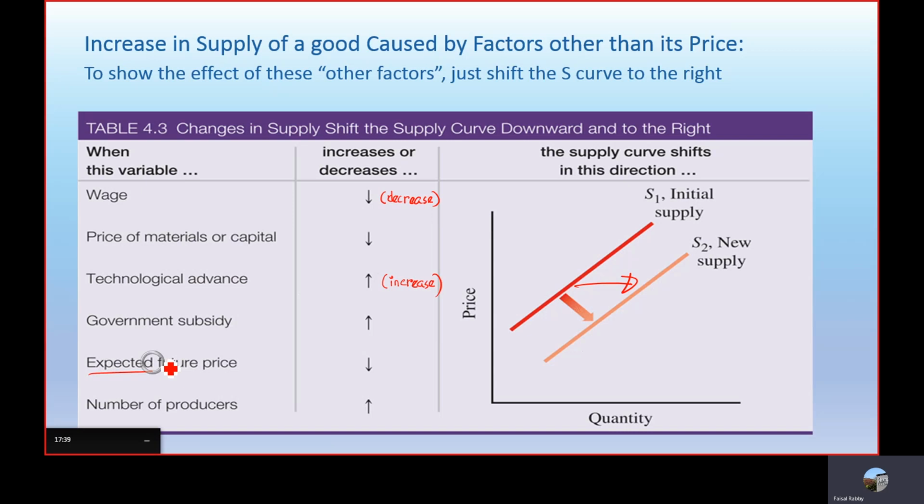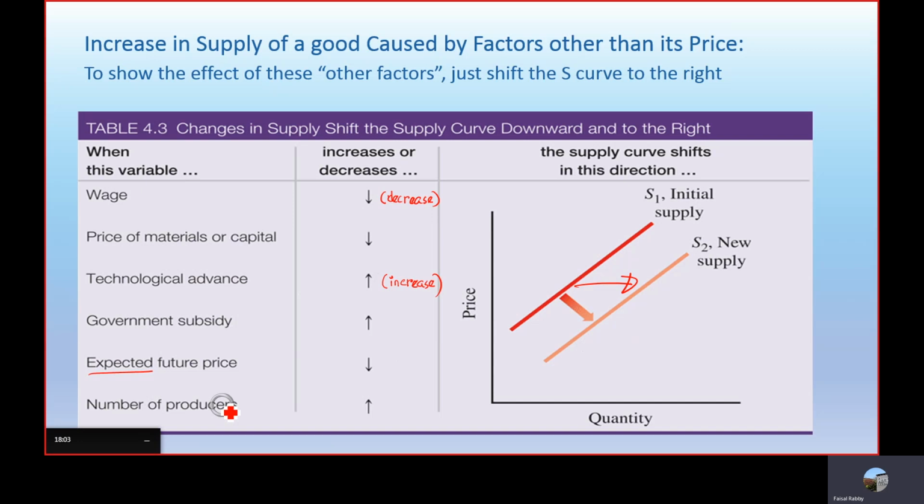Expected future price. If suppliers or producers expect that maybe 6 months down the line or 1 year down the line, the product price will decrease, then today they will want to sell as fast as possible before the price actually decreases. So supply today will increase. Number of producers, well, that's quite simple.